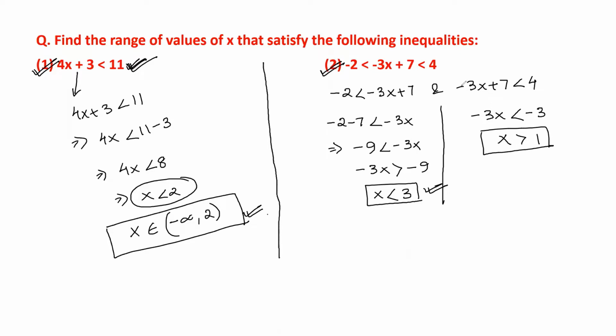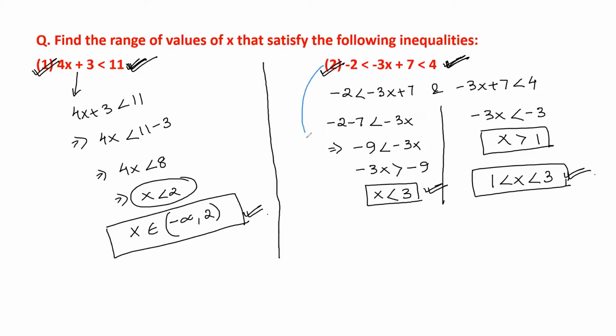So the range of values of x which is satisfying this complete inequality will have to be the intersection or common range of values between x > 1 and x < 3, which would be 1 < x < 3. So the range of values of x for which this inequality holds true is between 1 and 3.